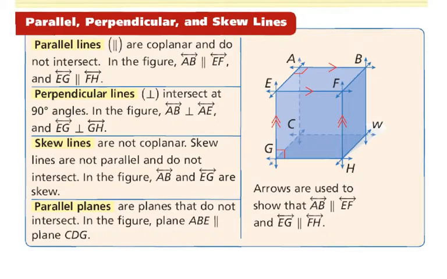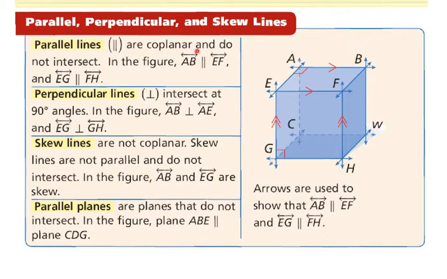Okay, so here are four of our definitions in this section. We're going to be learning about parallel, perpendicular, and skew lines, and also something called parallel planes. We've seen parallel lines and perpendicular lines before, but parallel lines so far we have learned are two lines that never intersect each other, which is true, but we're extending our thinking here to this right here.